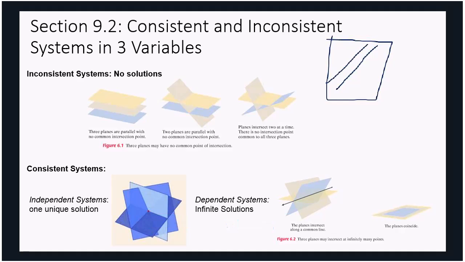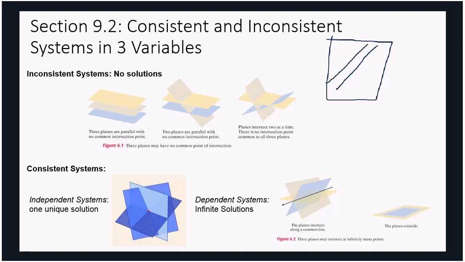In linear equations, it means that you have two lines that are on top of each other. In a system of three variables, you're going to have where they intersect along a line. So all three planes intersect along this line, and any solution along this line is a solution for all three equations.